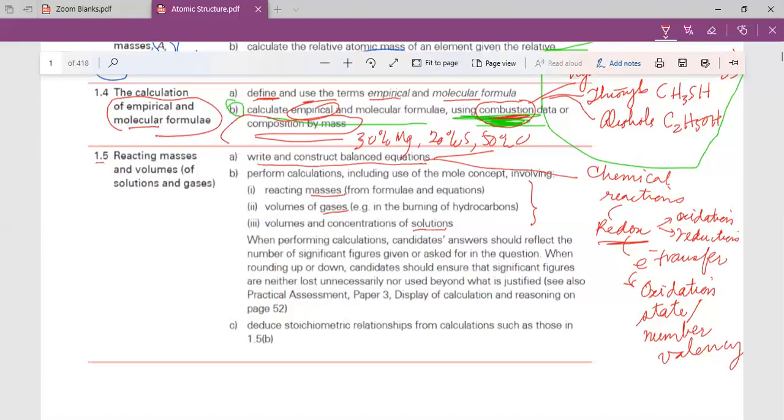So 2X minus 12 equals 0. Therefore X equals positive 6. So chromium is plus 6.